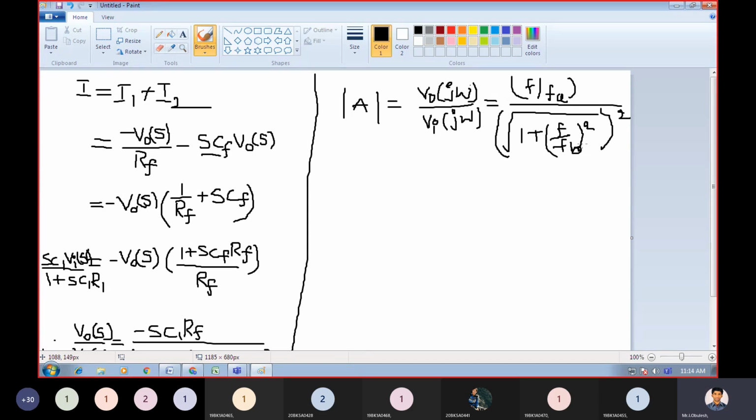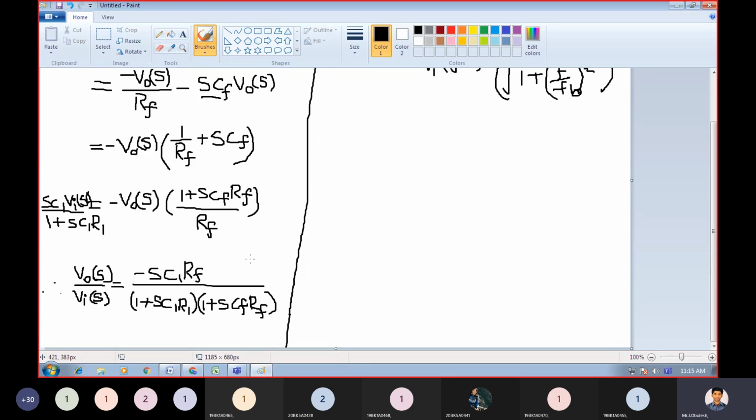So this is the voltage gain expression for the practical differentiator. So up to now clear?